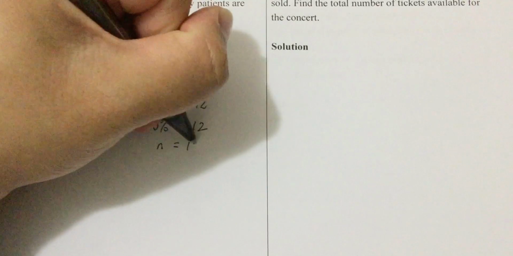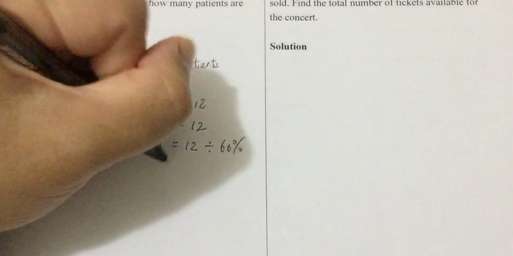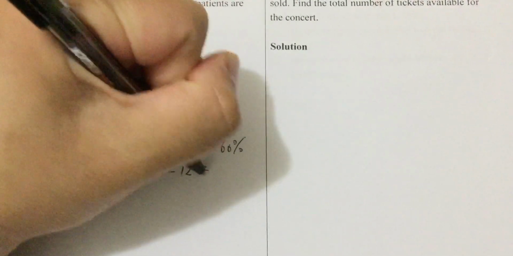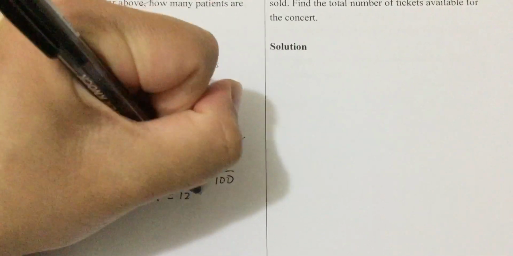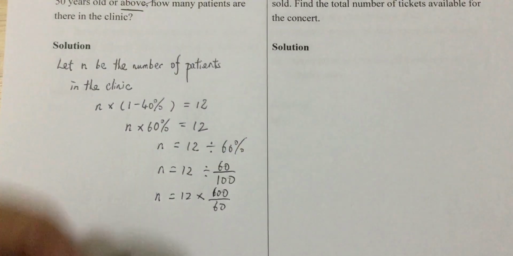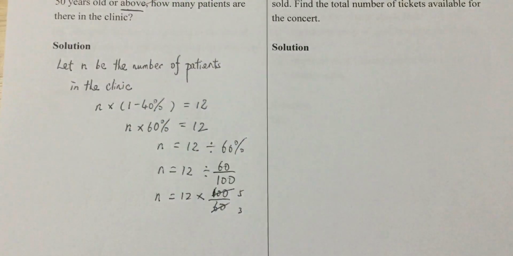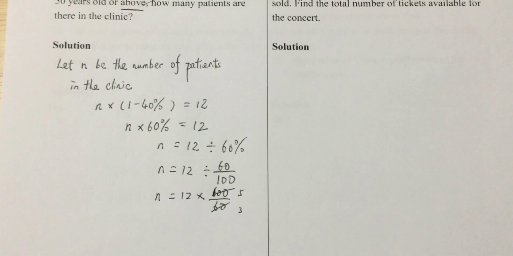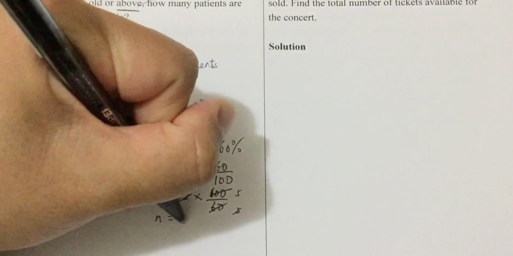I do not have enough place to calculate. n equals 12 divided by 60% on the right hand side, and then n equals 12 divided by 60 over 100. Then you interchange it: 12 times 100 over 60. Now we do the cancellation. For 100 and 60, you have 5 and 3, so we divide by 20 immediately. And 3 and 12, you have 4. So n equals 20.